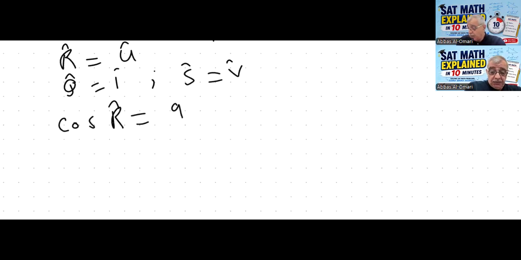This is a very quick question. Once you understand what similarity means, then you know that cosine R equals cosine U.